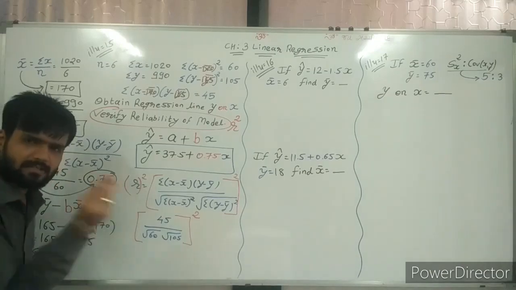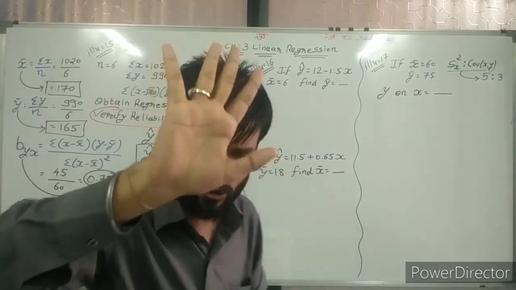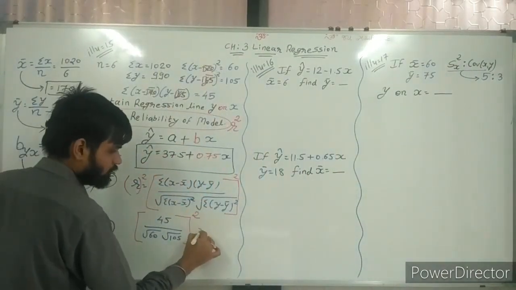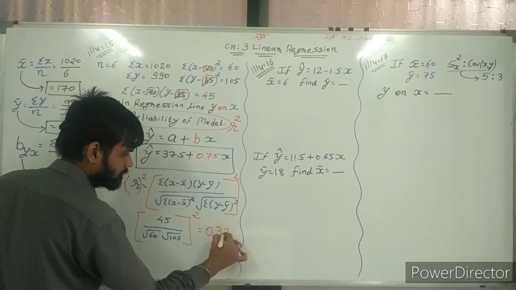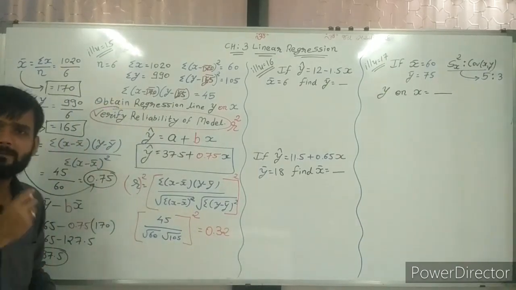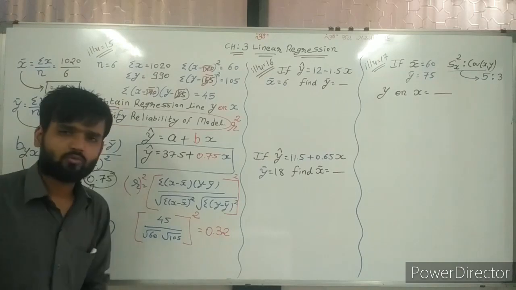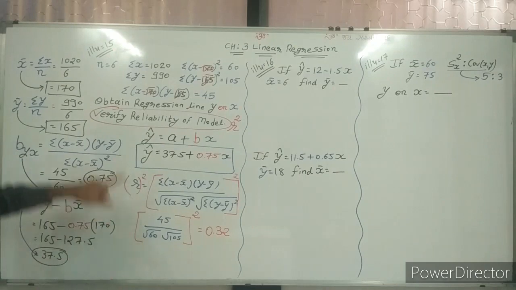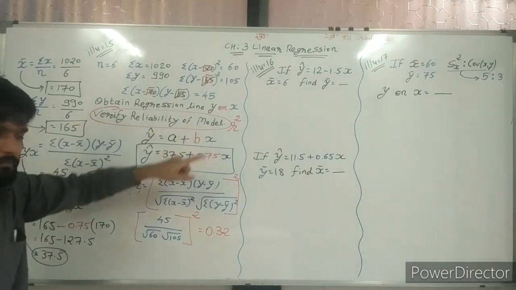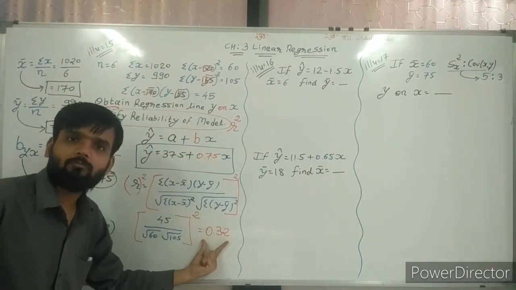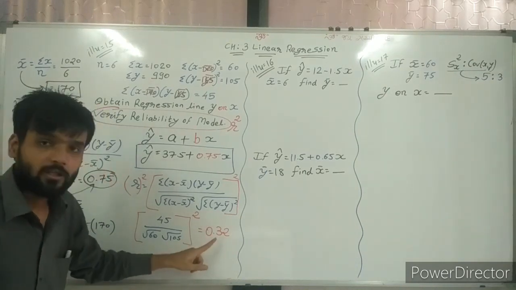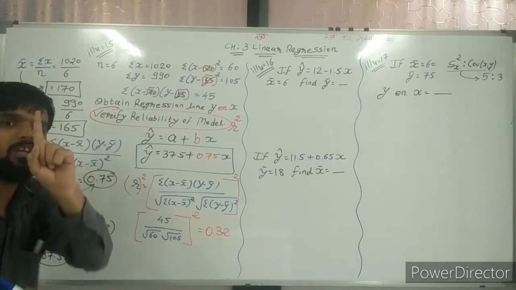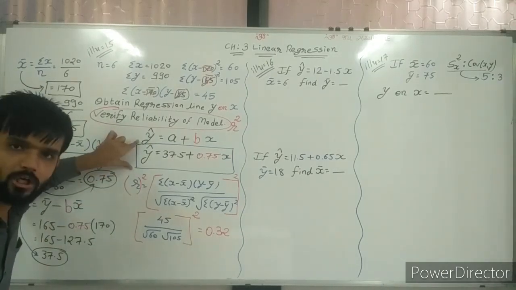Now, if you solve this in the calculator, very easily you will get the answer 0.32. Now, 0.32. Verify reliability of model. Multiply this with 100. 32%, I can rely on this model. I can believe only 32% in this y cap model.